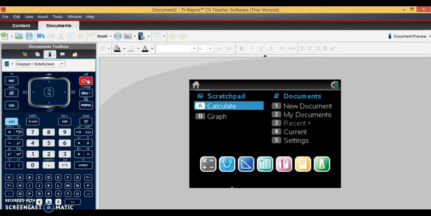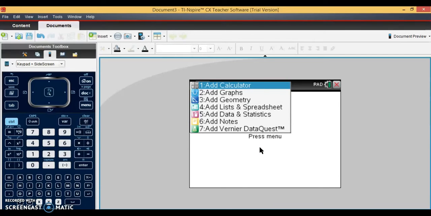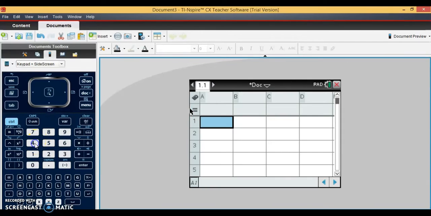You're going to go to Home. We usually use Calculate. Well, today we're going to use New Document. So you're going to click on New Document. I'm going to go ahead and click on the 1. It's going to ask you if you want to save unsaved documents. The answer to this is always no. Make sure you always click no. Alright, so when you have this screen, you're going to select Add Lists and Spreadsheets. So you're going to click on number 4, or you're going to select it with your mouse. So I'm going to go ahead and click on number 4.